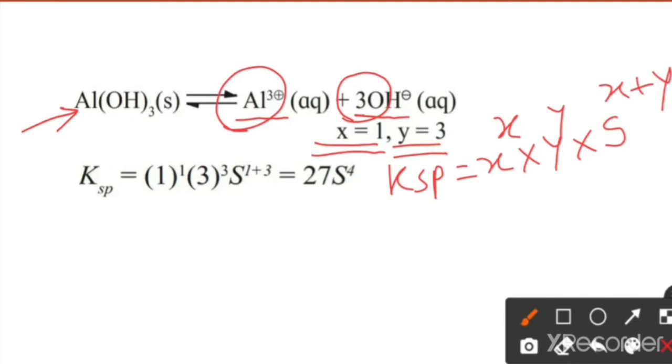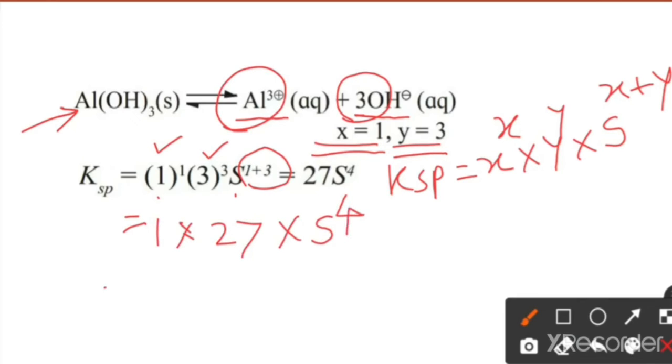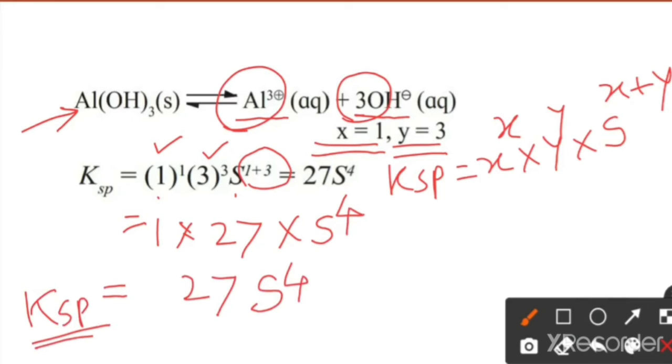So 1 raised to 1 into 3 raised to 3 into S raised to 1 plus 3. It becomes 1 into 27 into S raised to 4. So 27 S raised to 4, the solubility product, becomes 27 S raised to 4.